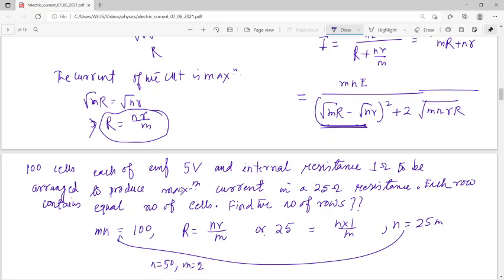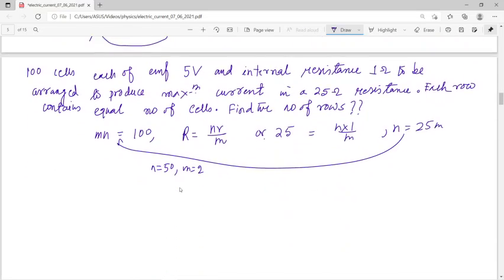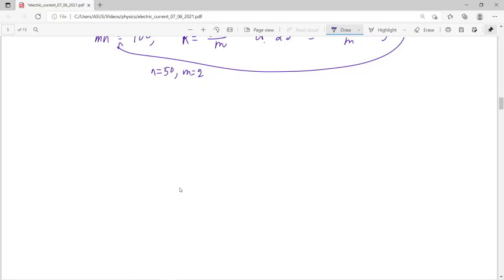So that is one of the questions that may come, and let's see a question that came from NEET, from combinations of cells. It was given in 2015 or 16.